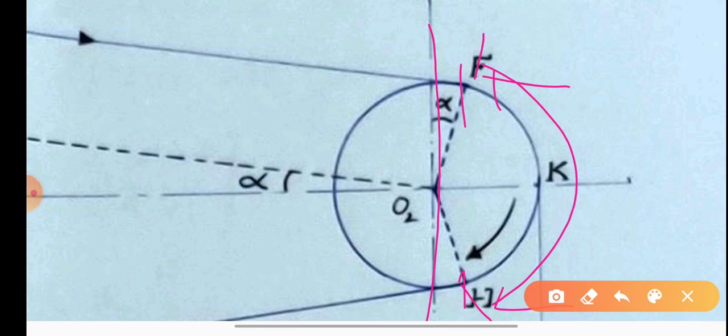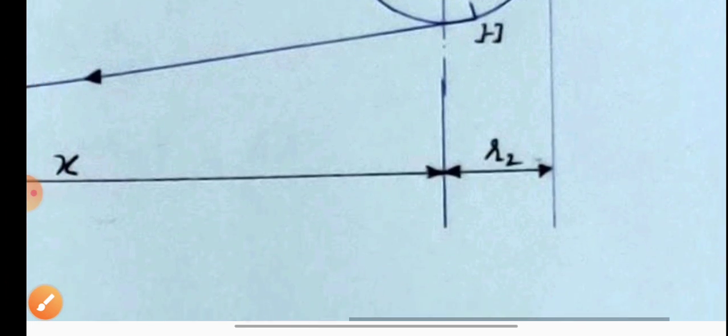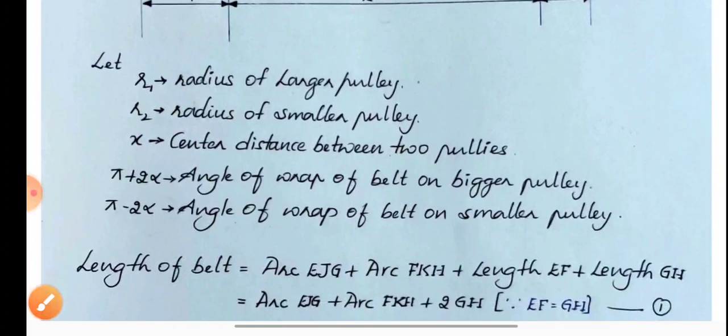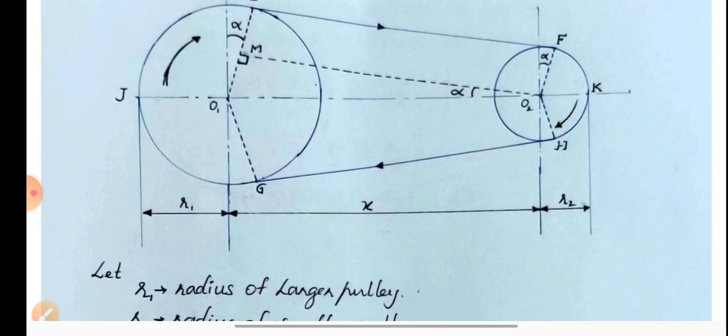So I will take this as pi and subtract this alpha and this alpha, that is 2 alpha, from pi, and we get the angle of wrap on the smaller pulley. That is, pi minus 2 alpha is the angle of wrap of belt on the smaller pulley. So now we need to find the length of belt.